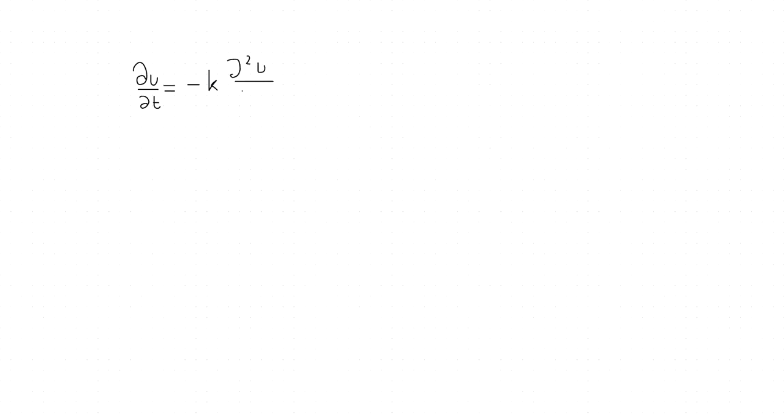And we're going to assume no source charge or source heat to keep things simple. And then also for boundary conditions, we will say that u at 0 comma t is equal to 0 and u at L comma t also equals 0. And this is, again, to just keep things simple and straightforward.